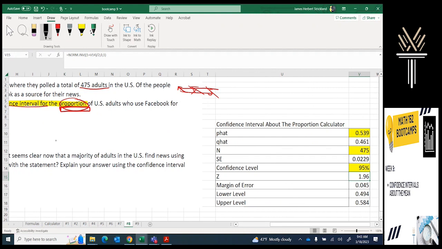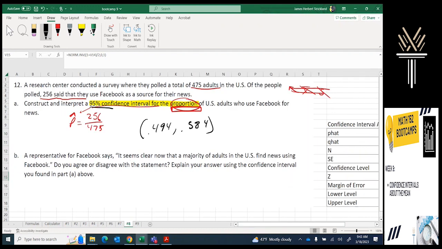And now we're told that our confidence interval is from 0.494 up to 0.584. So there's my proportions confidence interval. I am 95% confident the proportion of all US adults who use Facebook for news is somewhere between 49 and 58%, roughly.